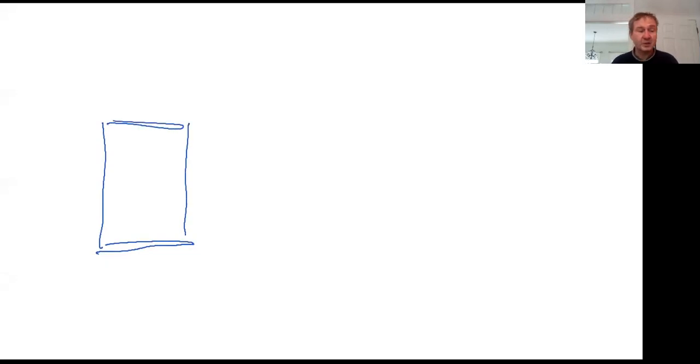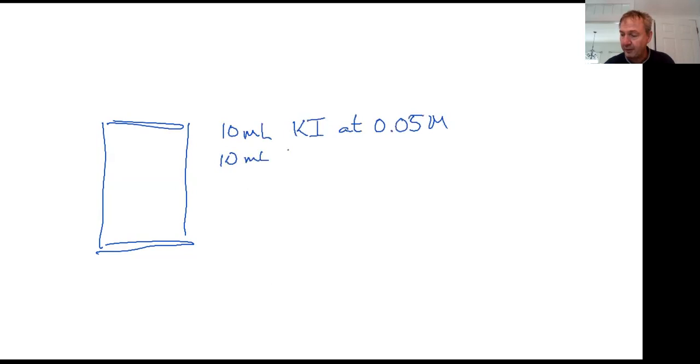And he's going to add a number of things. First of all, 10 mils of potassium iodide at 0.05 molar. And he's going to add 10 mils of this buffered acid.